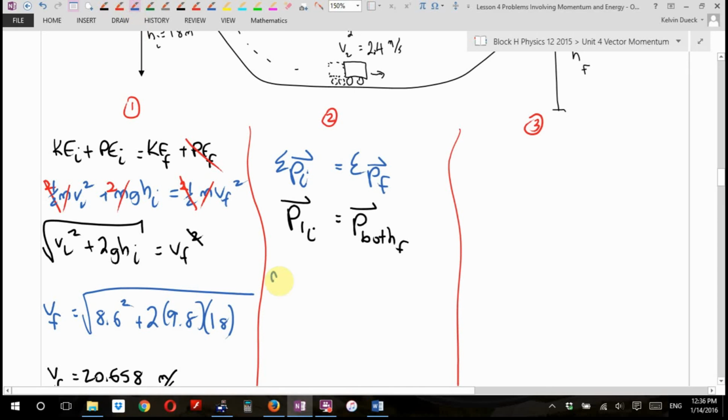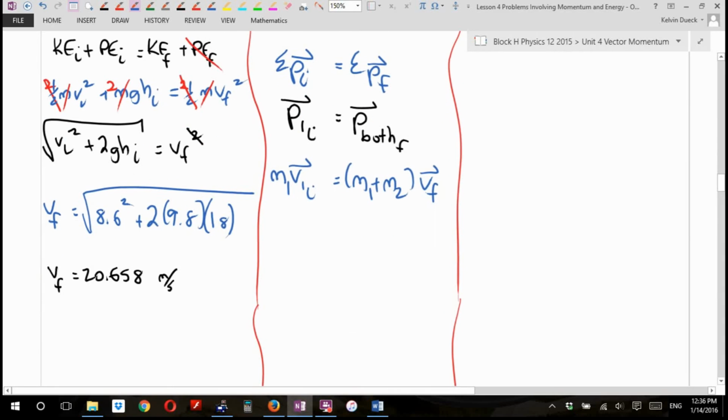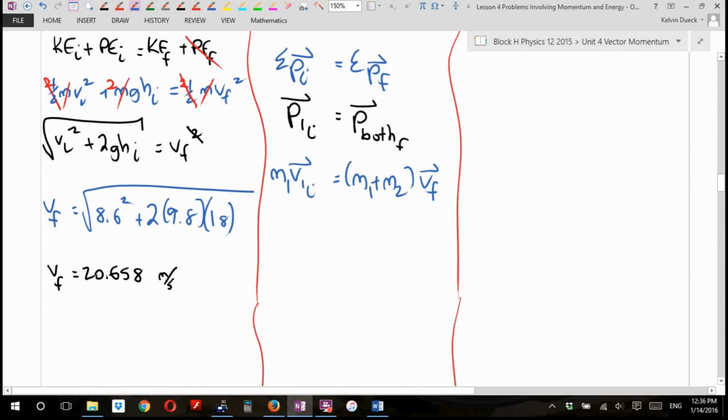It's going to be mass 1 V1 initial equals mass 1 plus mass 2 V final. And I think we already noticed in the collision angles. Oh, straight line, you say? I like that. So how would I get the V final by itself?